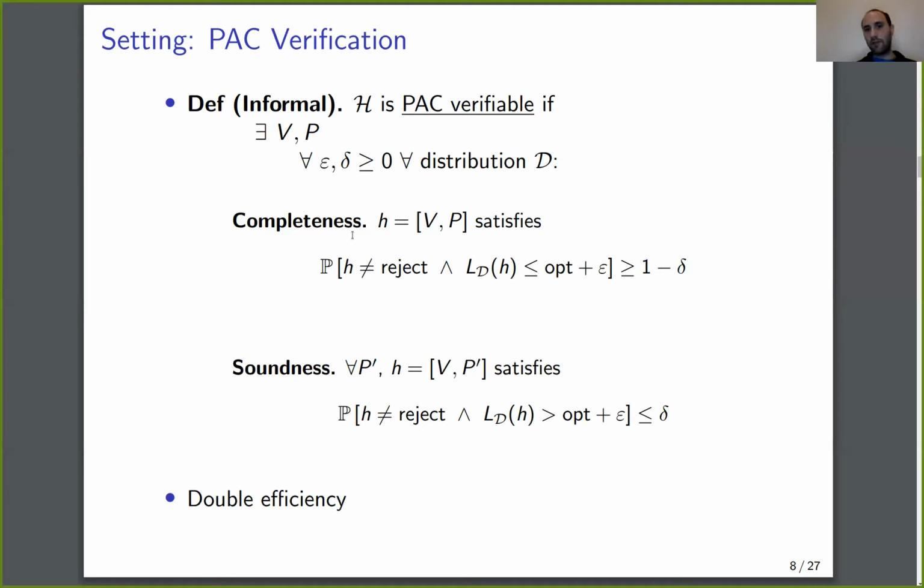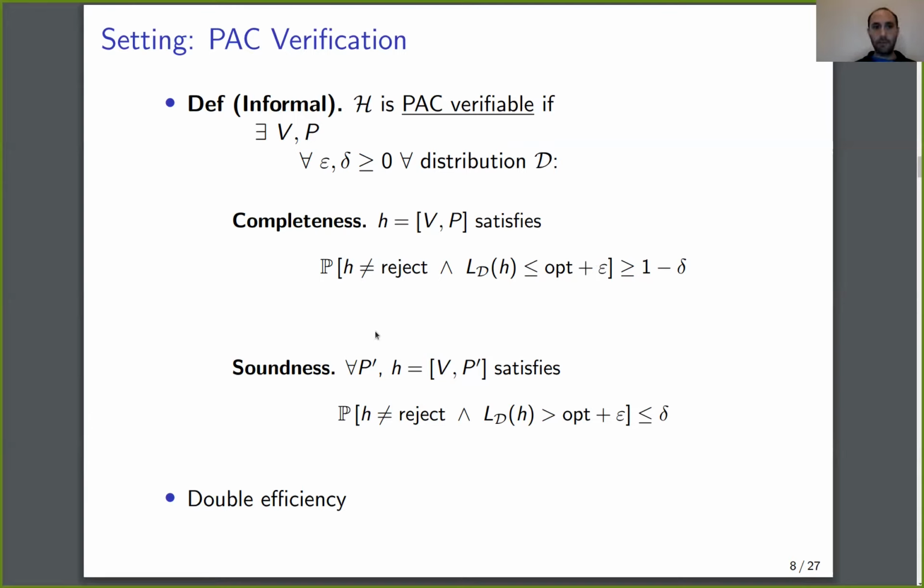Completeness means that if I run the verifier and the prover so that they interact with each other, and they have sample access to the distribution and so on, then with high probability, at least 1 minus delta, the verifier will not reject the interaction, and it will output a hypothesis h that is approximately correct. So it has loss at most opt plus epsilon.